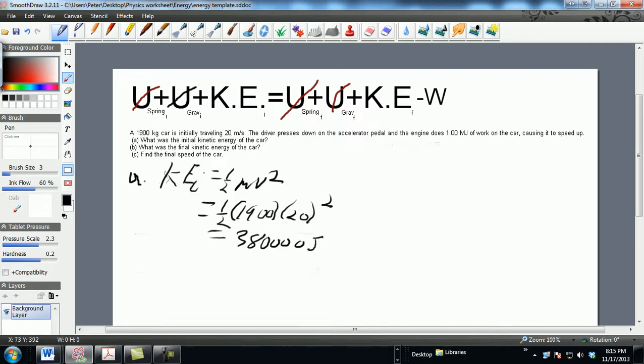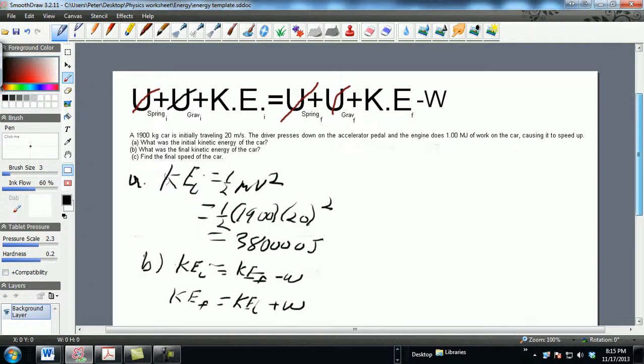Okay, part B says, what is the final kinetic energy of the car? Well, that turns out to be KE initial is equal to KE final minus work. So KE final is equal to KE initial plus work. Remember, the work crossed the bridge, KEF, work when joined KEI, we switched it, so now we have a nice handy dandy pretty equation.